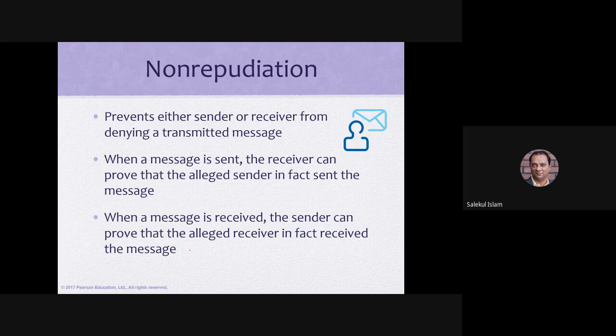Or maybe you have ordered a white shirt and they have sent you a red shirt, and the seller claims, look, you actually ordered the red shirt. So they are denying what they received from your side. Both parties cannot deny later that they did not receive or did not send these messages. So that is called non-repudiation.